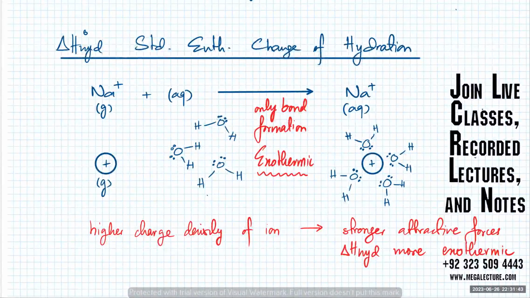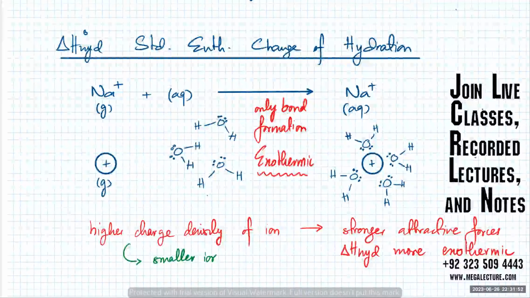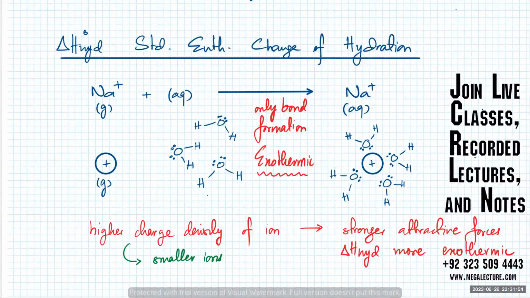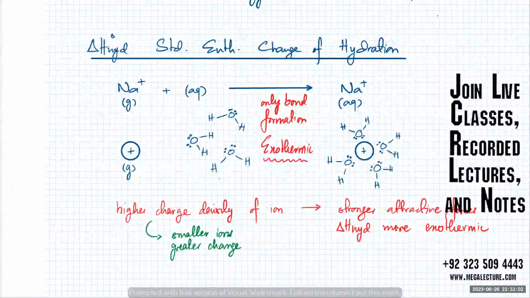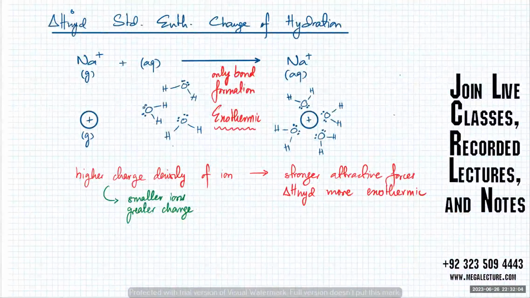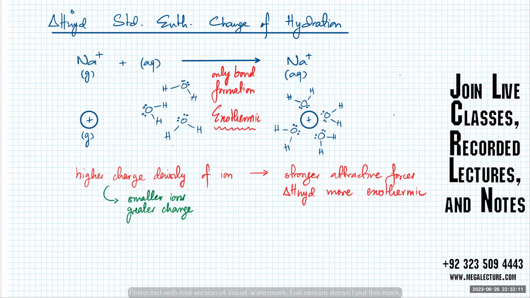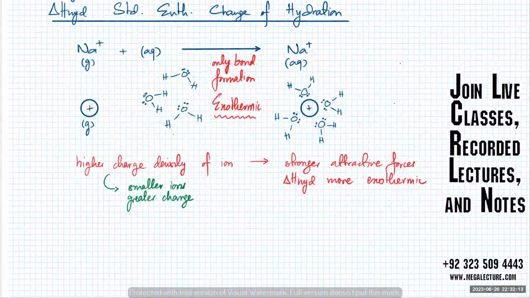You have higher charge density when you have smaller ions, or you've got greater charge. Is this clear? Yeah, that's clear. Remember, smaller ions with greater charge, they're going to attract water molecules more, and they will have a much bigger hydration enthalpy. And that's it. That's with the definition.